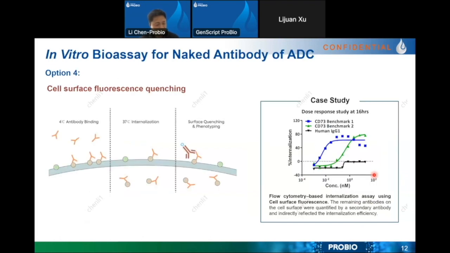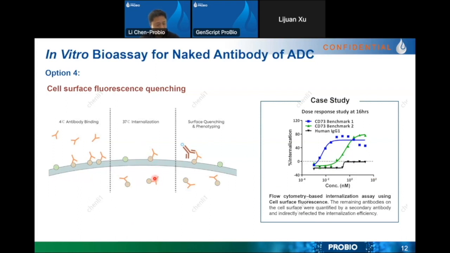The fourth option is cell surface fluorescence quenching. It is a pretty straightforward flow cytometry-based assay to compare the relative amount of antibody entering the target cells. To put it in a simple way, the antibody will be incubated with target cells in two conditions in parallel, 4 degrees and 37 degrees.